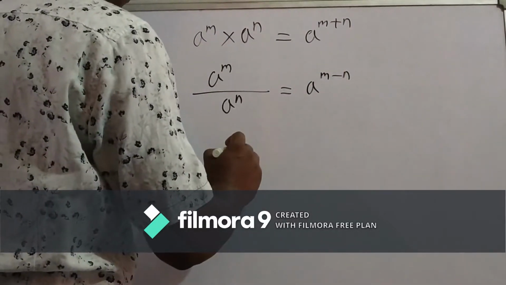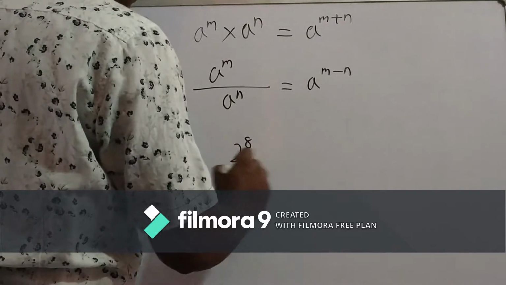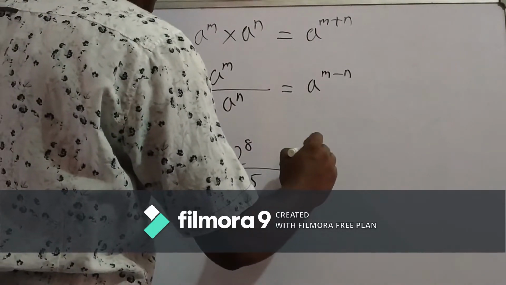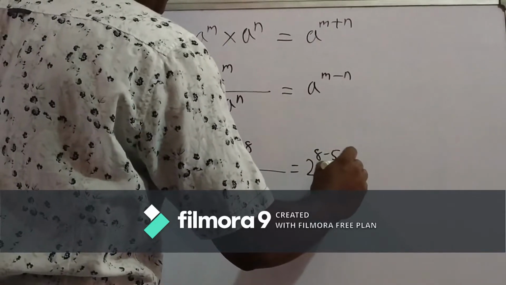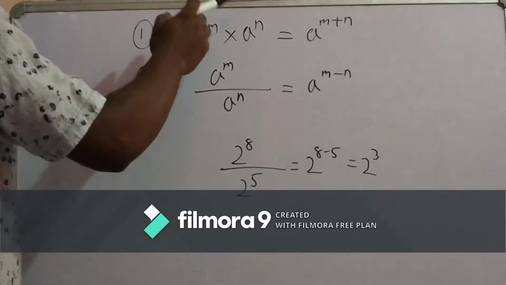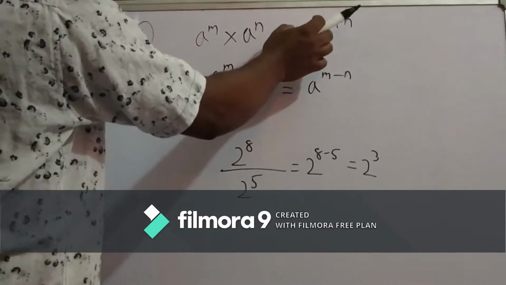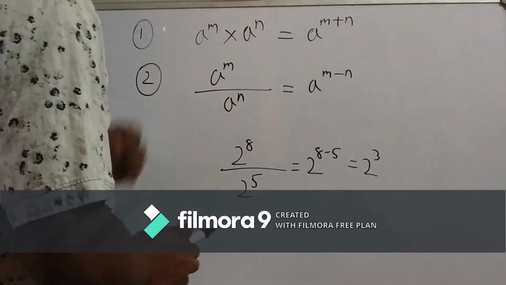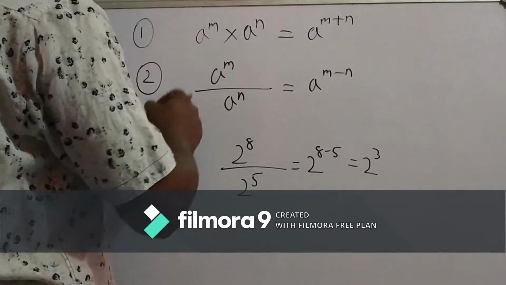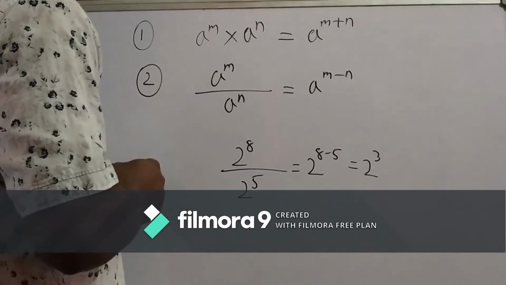For example, 2 to the power 8 divided by 2 to the power 5. So we can write it 2 to the power 8 minus 5, which is equal to 2 to the power 3. So understood? When it is multiplied, the power is added. Here it is divided, the power is subtracted. These are the most common formulas in exponent.